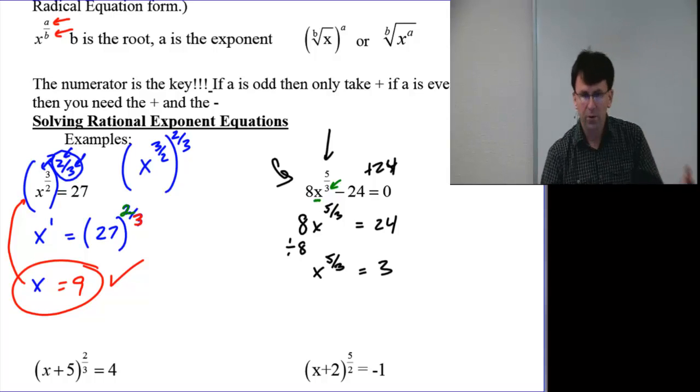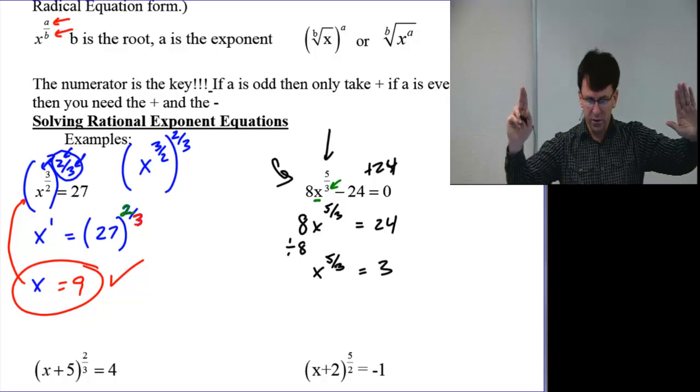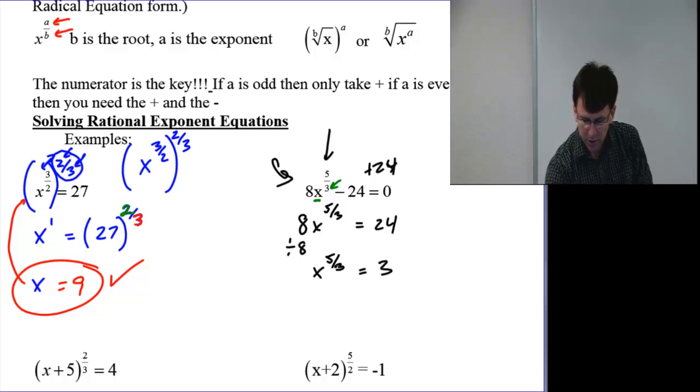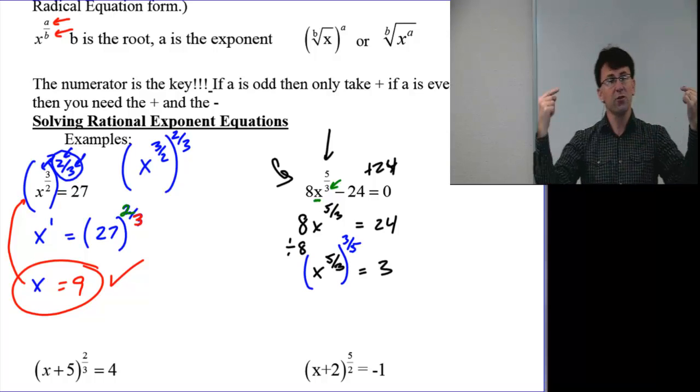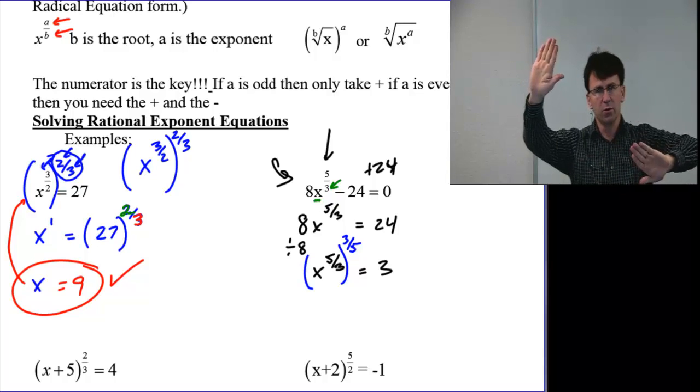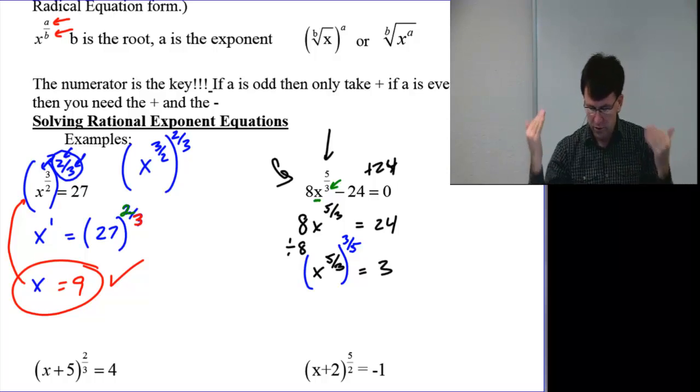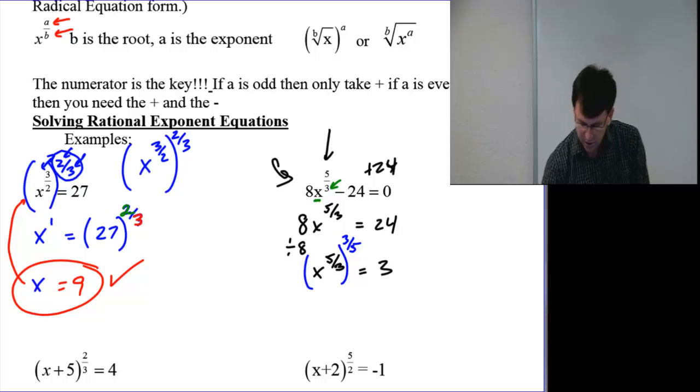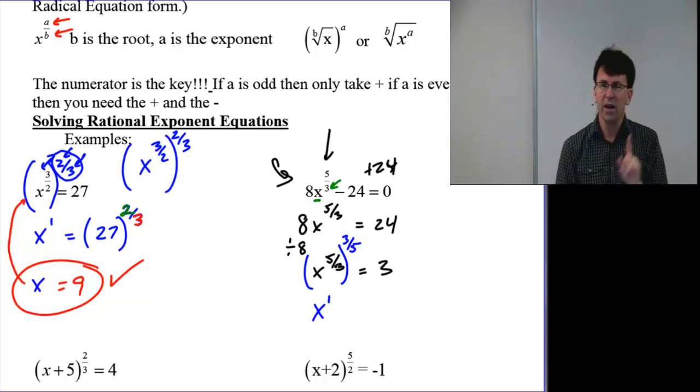Now, in order to get rid of that 5/3, I need to power it up, and I'm going to power this side of the equation up to the 3/5. The reason I choose 3/5, remember the power rule says you multiply those, so 5/3 times 3/5 is going to give me my goal of x to the 1.